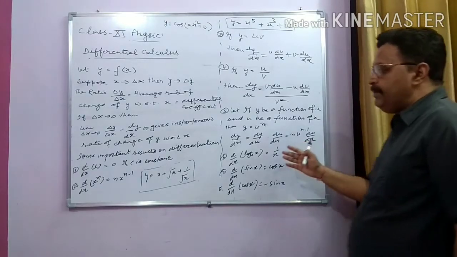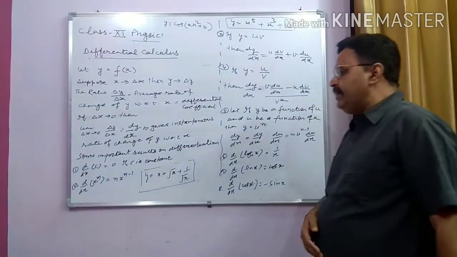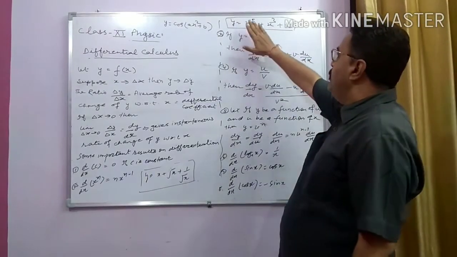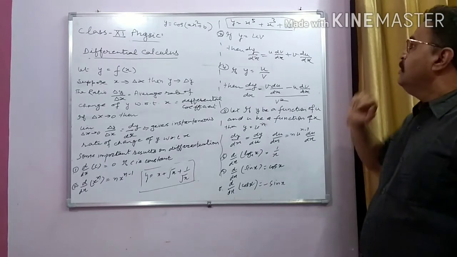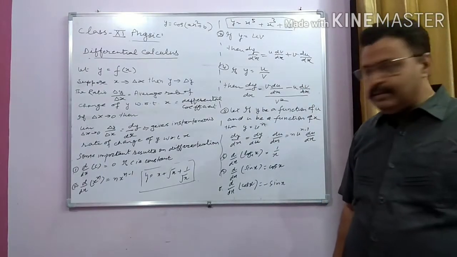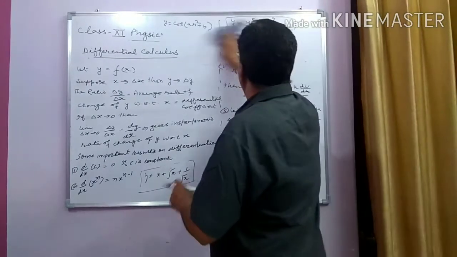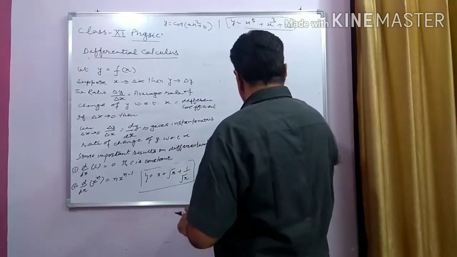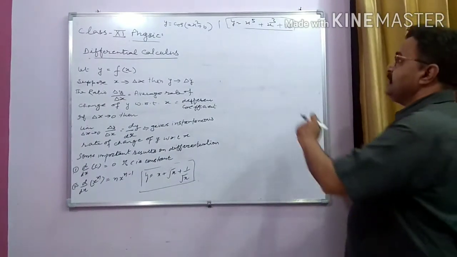Now we solve some examples to understand how to differentiate the elementary functions. Suppose initially we have this function y equal to x raised to power 5 plus x raised to power 3 plus 10. So how to differentiate this with respect to x? Let us see. We have a function y equal to x raised to power 5 plus x cube plus 10.